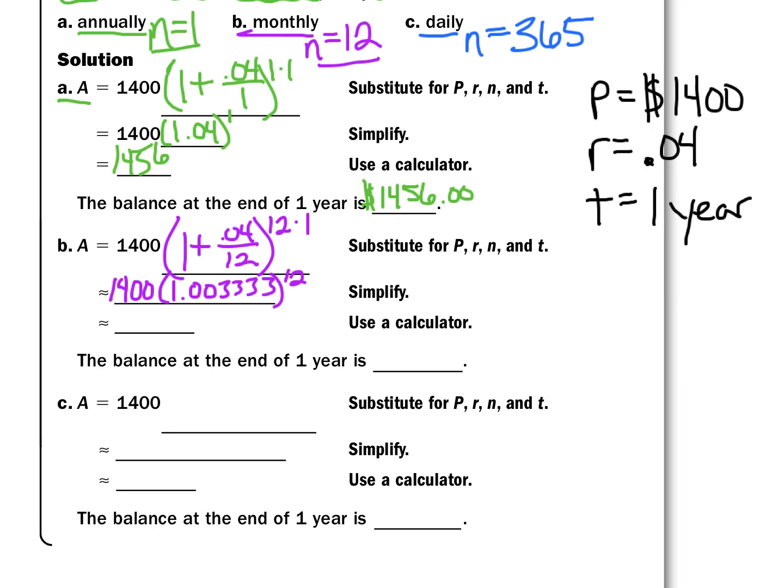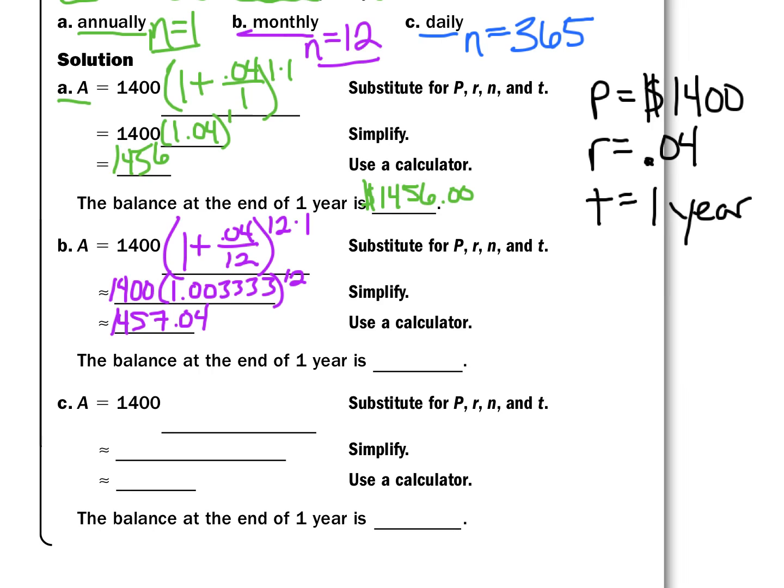Okay, so if I plug that all in, 1400 times that 1.003333 raised to the 12th power, I get $1,457 and about 4 cents.